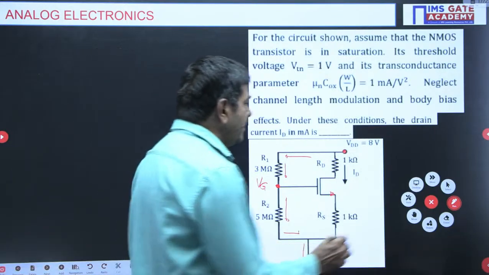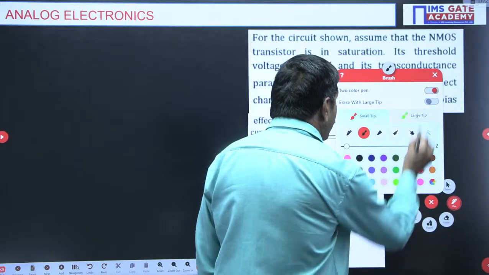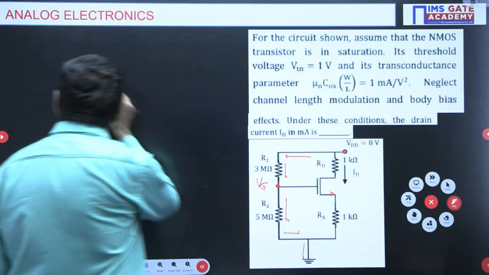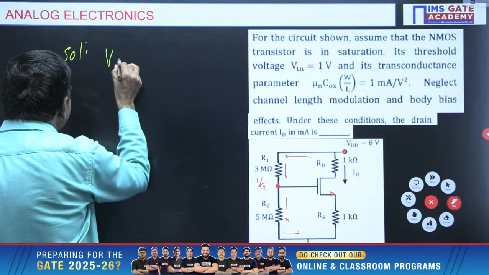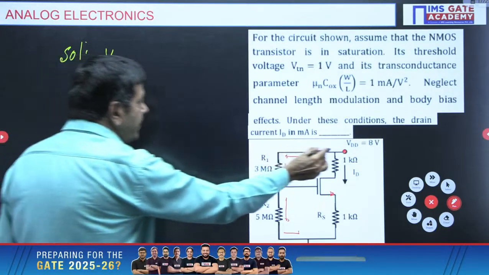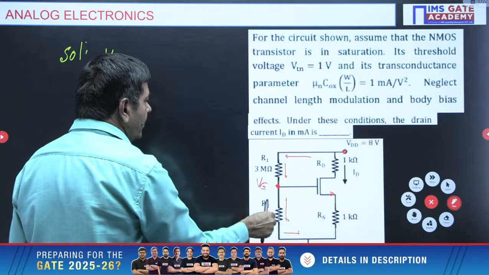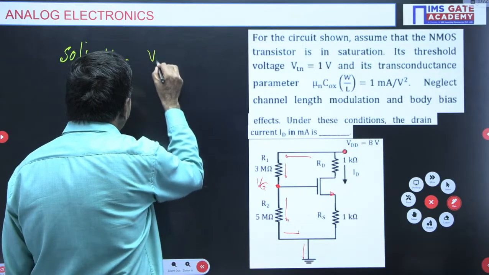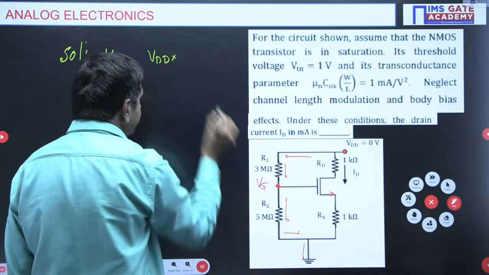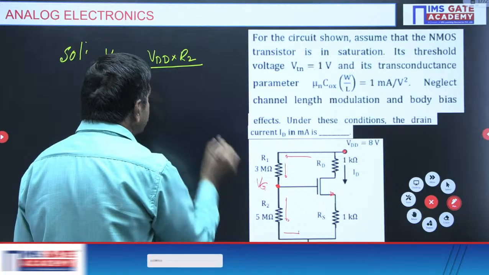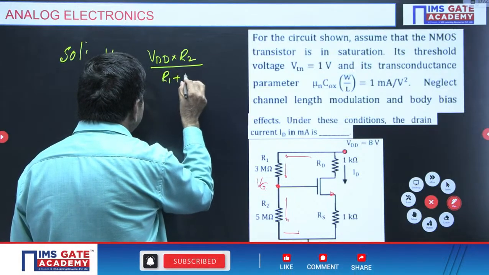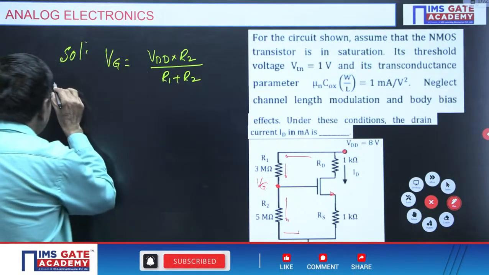By using the voltage divider formula I can find VG. I find VG by applying the voltage division formula: VDD into R2 by R1 plus R2.